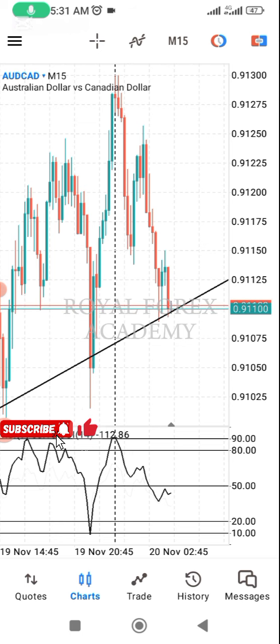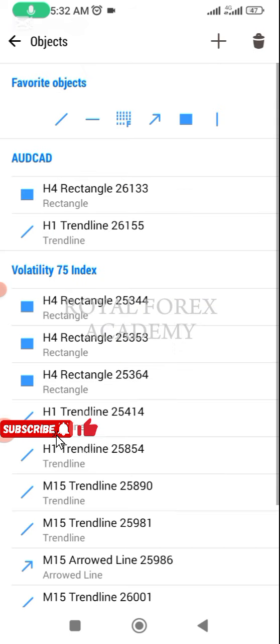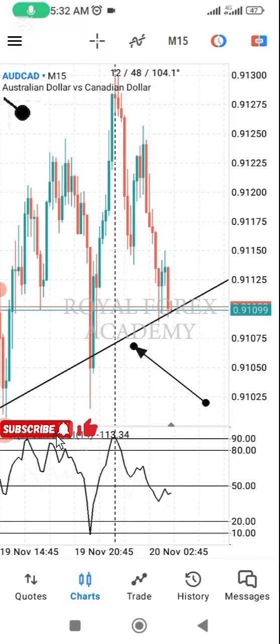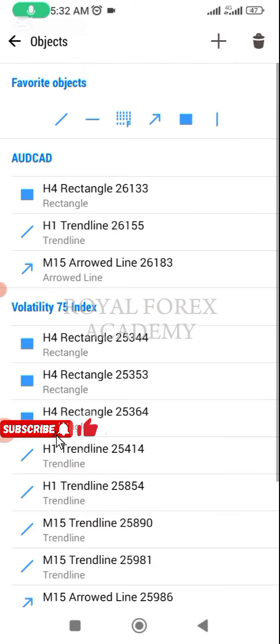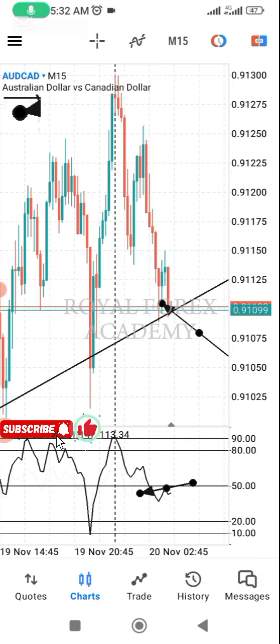Okay, so we are here. If you look at this scenario, you realize that we are having a pin bar, which should have been a signal to buy, but we cannot buy. Why? Because our commodity channel index is below our level of 50.